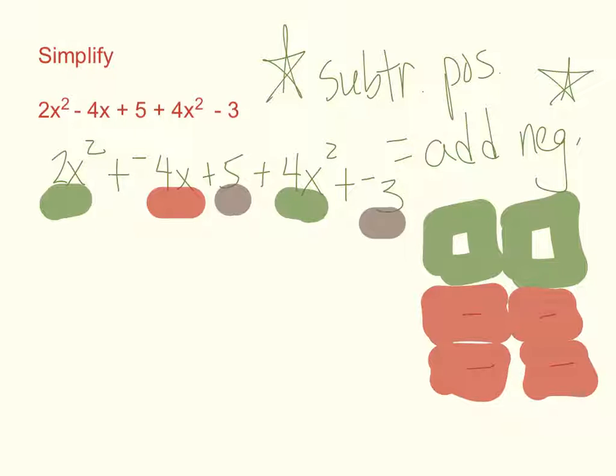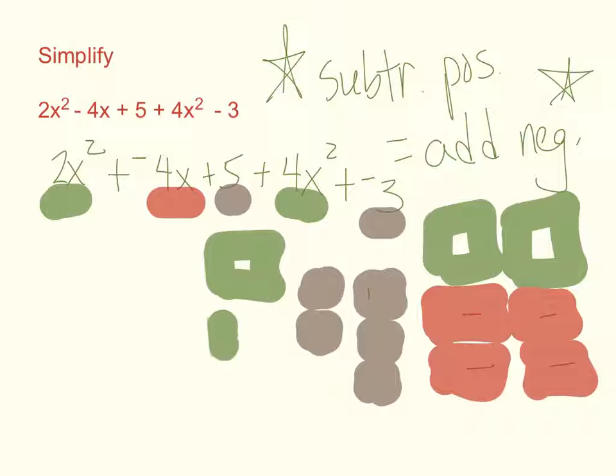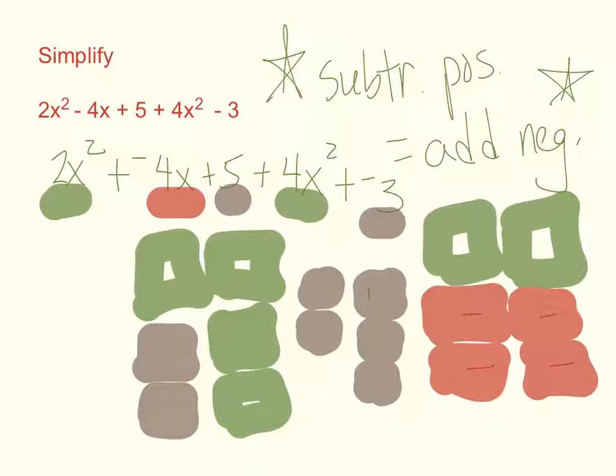Then you have 5 unit squares, 2, 3, 4, 5. My highlighter is really fat, so it makes these look big. And then I've got 4x squared, 1, 2, 3, 4, and then I've got 3 negative unit squares.